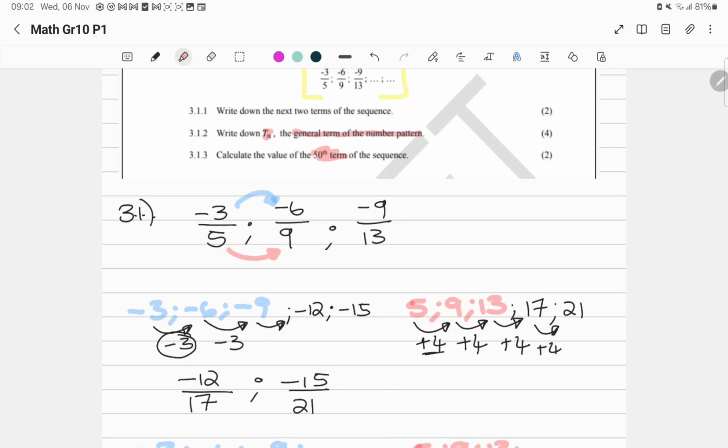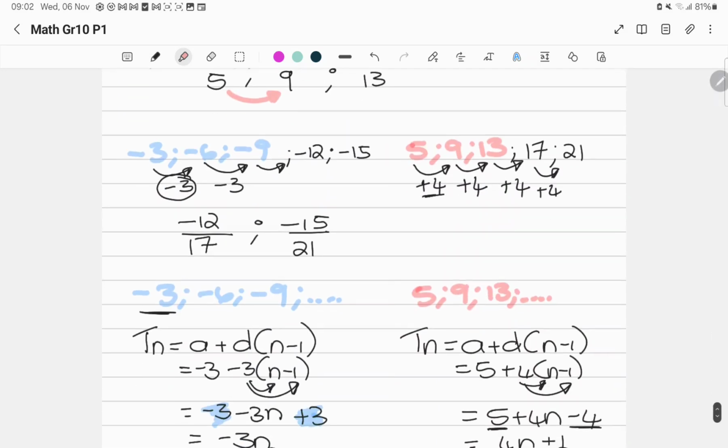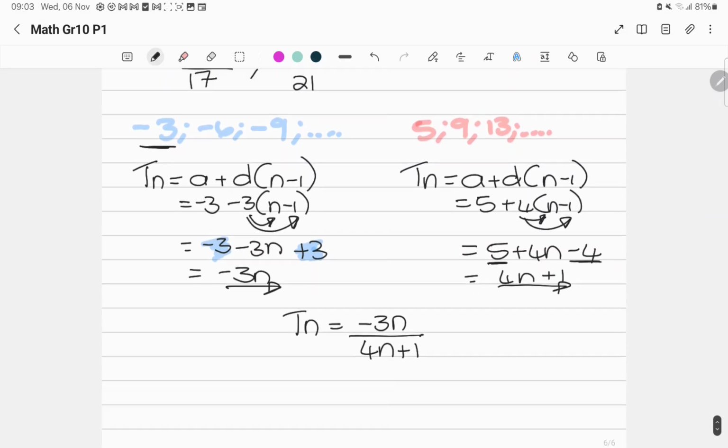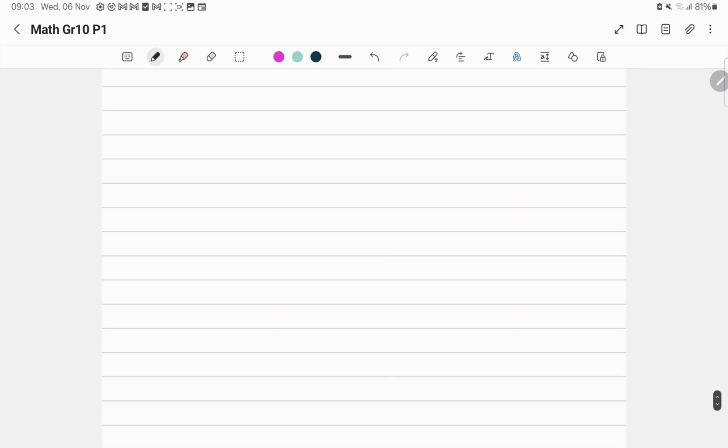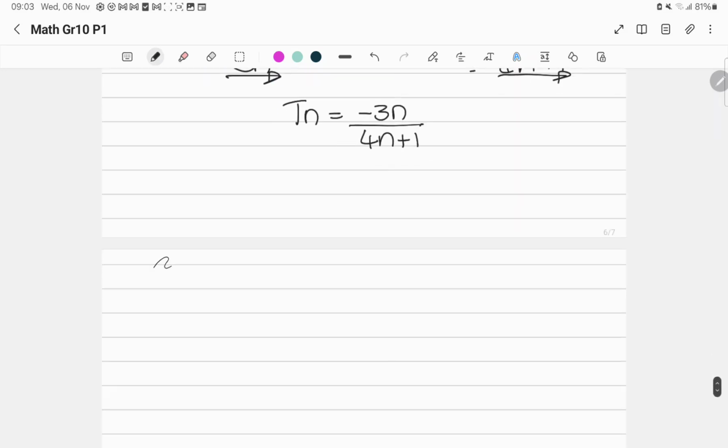So is the 50 my answer or is it the number? Because they say 50th, I know it's my number. So where am I going to substitute it into my formula? I'll just quickly do this. I'm going to say Tn equals minus 3n over 4n plus 1. Now I need to get the 50th term.